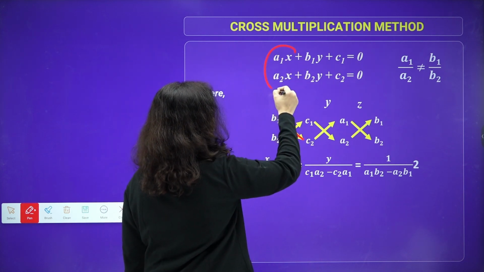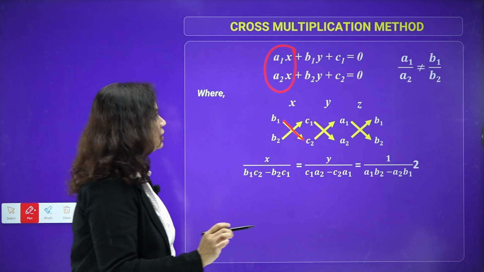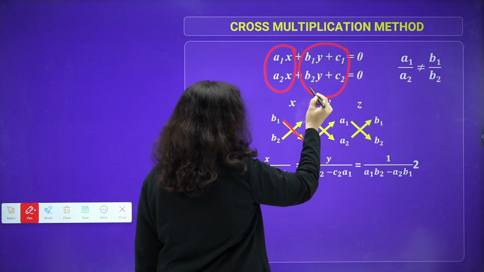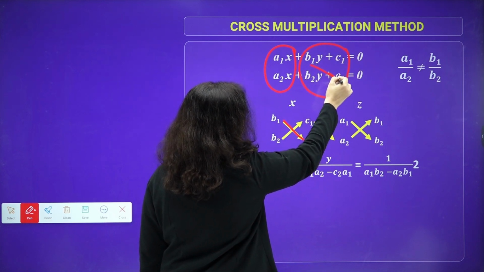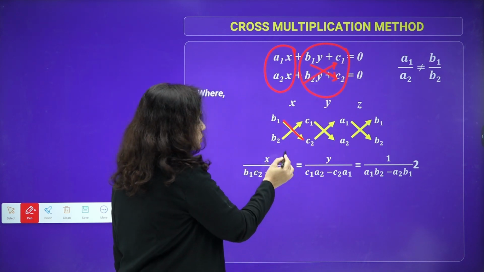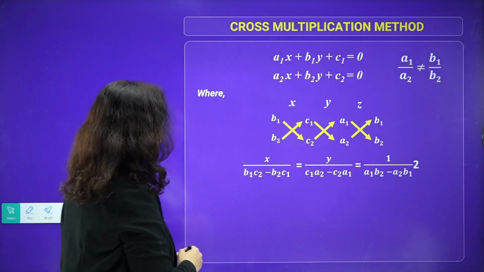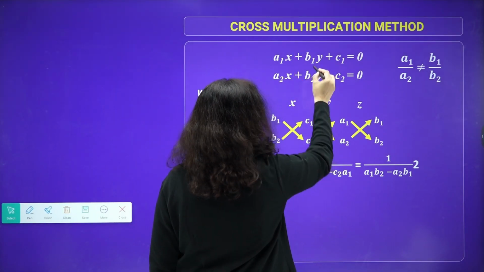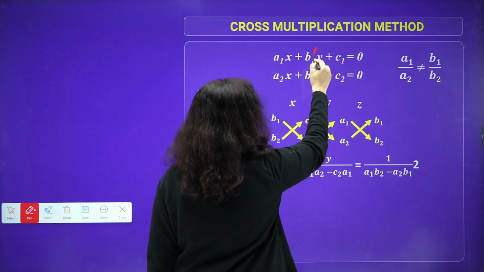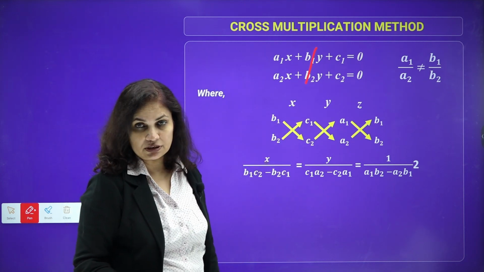When we are finding the value of x, we are ignoring the coefficient of x in the denominator and only taking the coefficients of y and the constant term. So B1 into C2 minus B2 into C1 will be the denominator of x. Next, when we are finding y, we will ignore the coefficient of y in the denominator and cross multiply the remaining two real numbers.